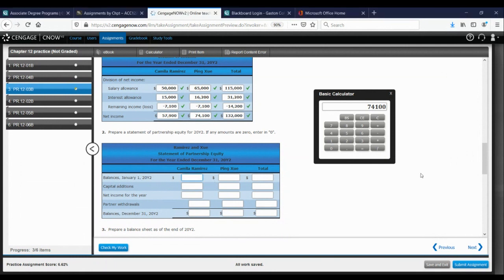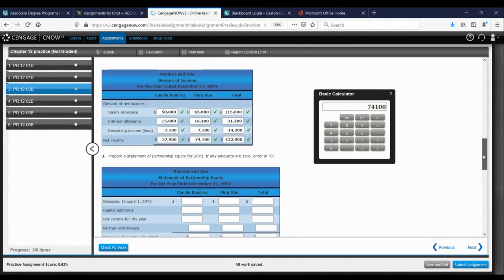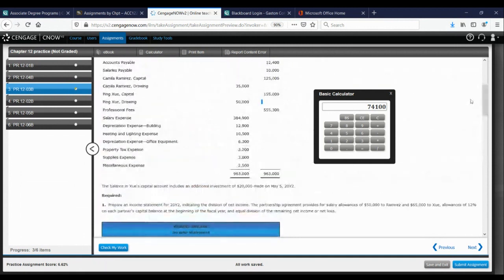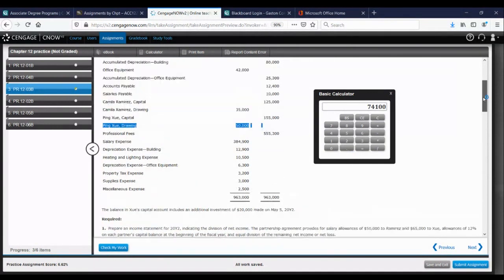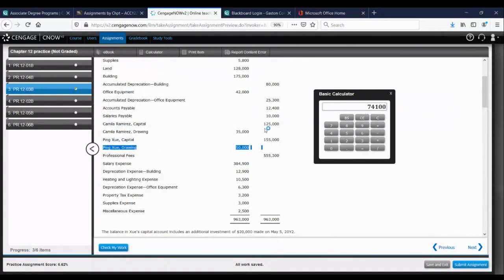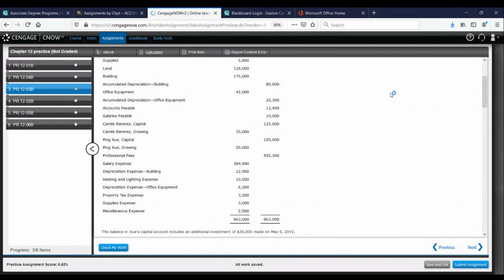So you'll remember that for Ramirez, there was no additional investment that was talked about for this particular partner. So we have to assume that there was no additional investment. So we'll take this off for just a minute.